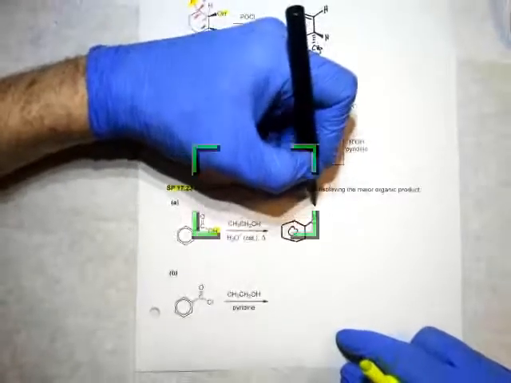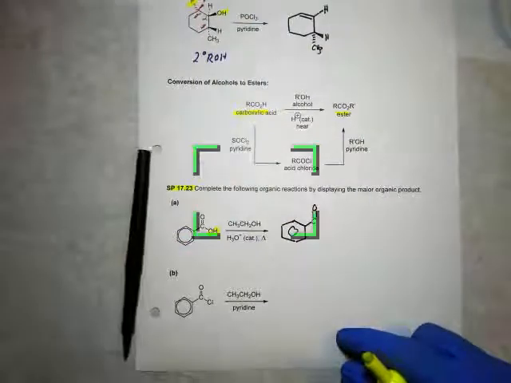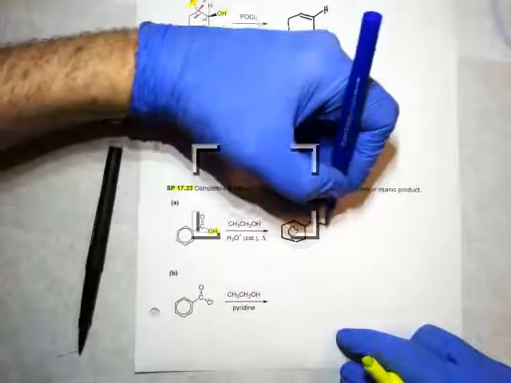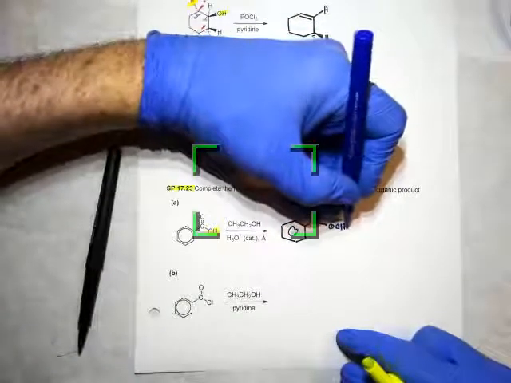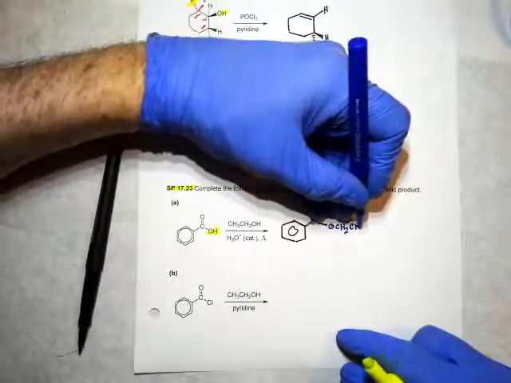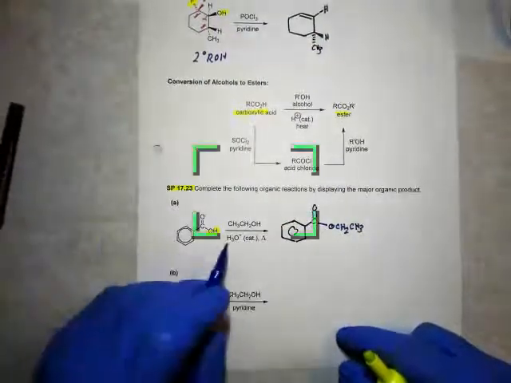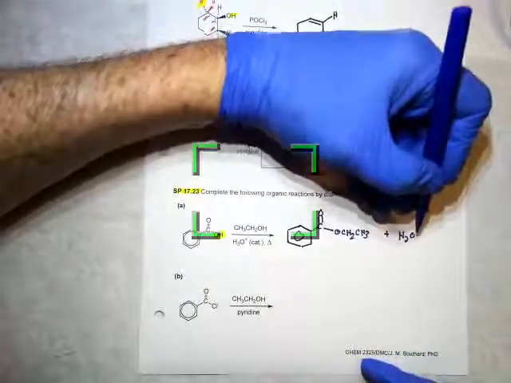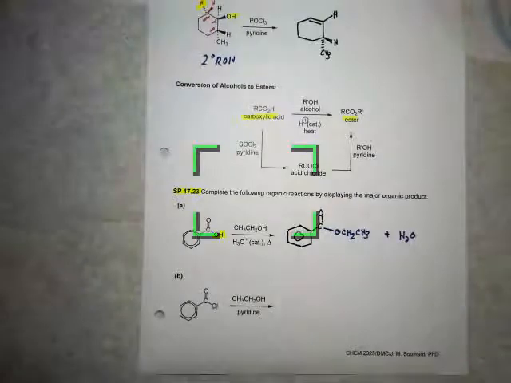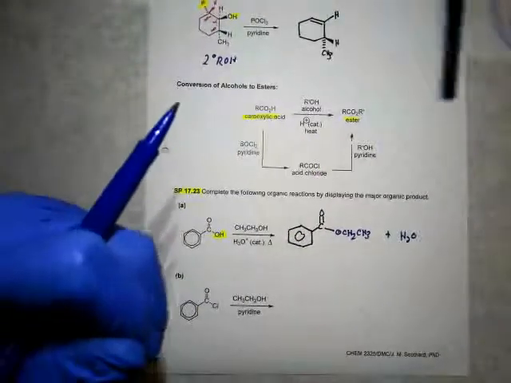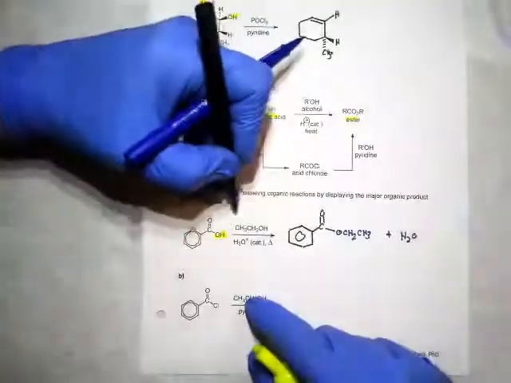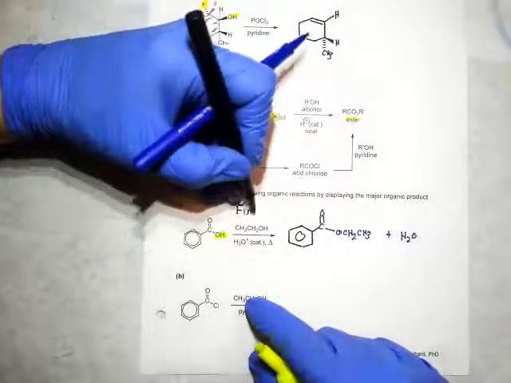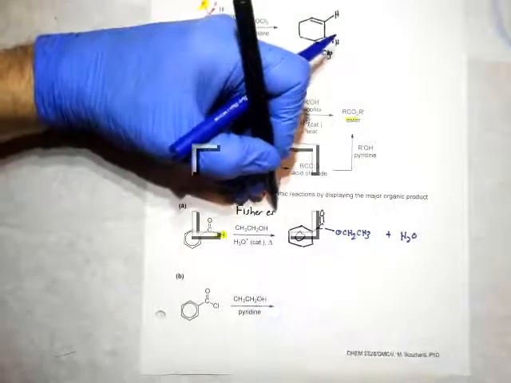Where you formerly had an OH group, you've now replaced that with, in this case, an ethoxy group, and that came from the alcohol. So this is your ester. In case you're wondering about the byproducts, of which you're not responsible for, here you would have water as a byproduct. This is called a Fischer esterification reaction.